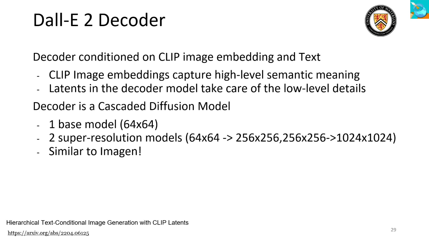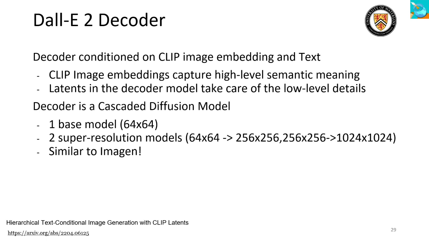About the decoder, the decoder is also conditioned on the CLIP image embedding and text, where the CLIP image embedding captures the high-level semantic meaning, and the latents in the decoder model take care of the low-level details.